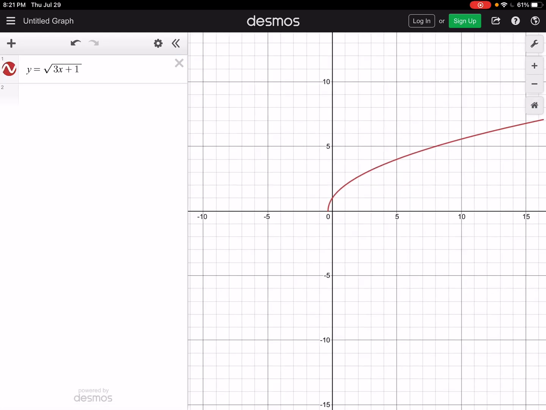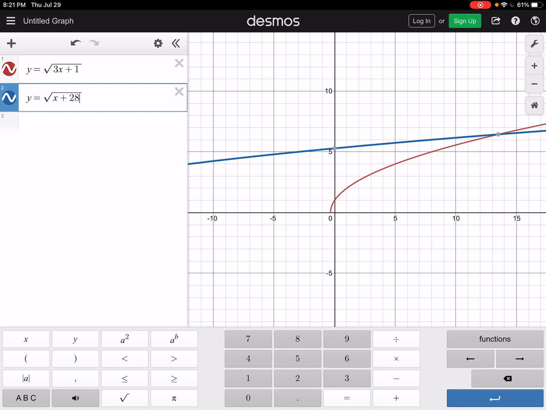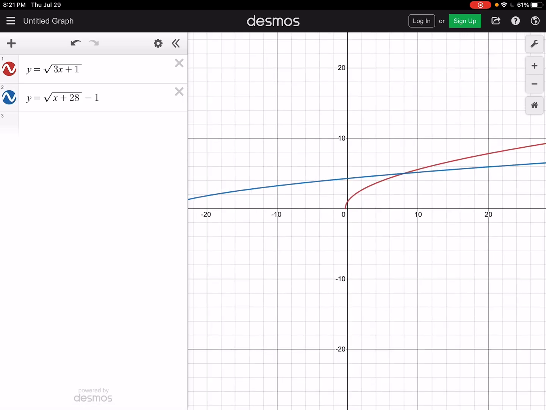Okay, that's one of the graphs, and that looks like that. And the other one, y equals the square root of x plus 28 minus 1. So it looks like that.